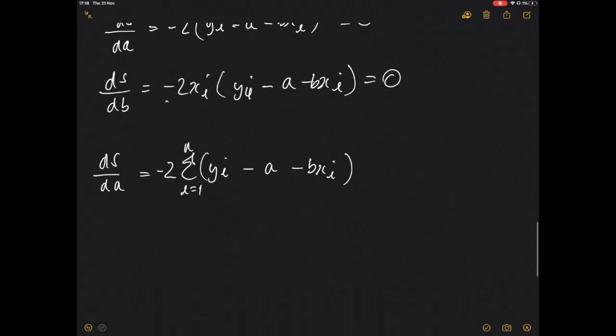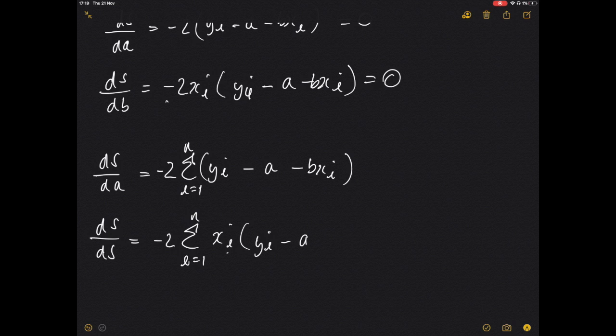Okay, and likewise, we could tidy this up to say that our dS over dB would equal minus 2, our sigma again, i equals 1 to n, open our brackets. We have our x inside of the brackets, because we have to keep this subscript inside of the summation, yi minus A minus bxi. And again, those equal 0.